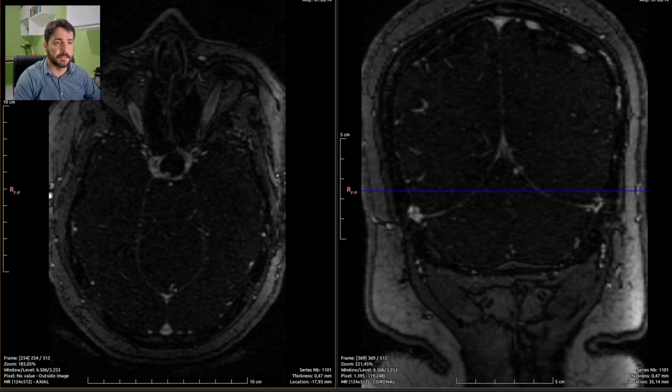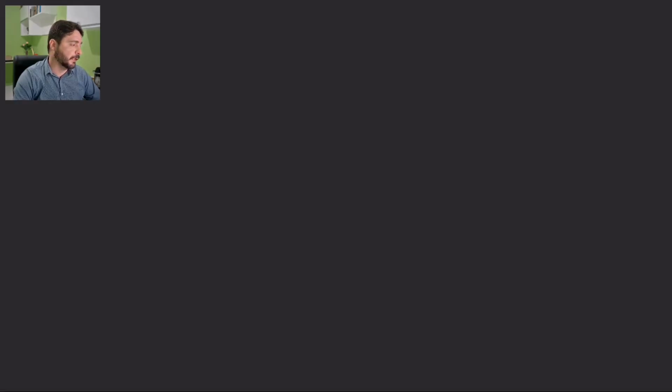So this is fine, this is cleared. Let's grab another exam. So let's get a lumbar spine once again. This is a lumbar MRI scan of a 36-year-old female patient.